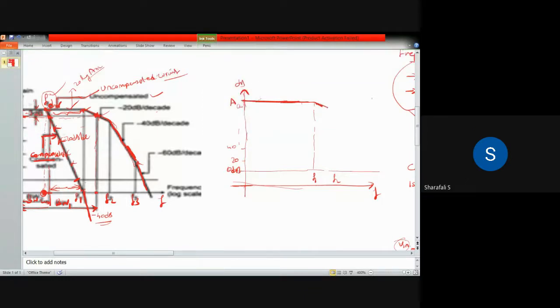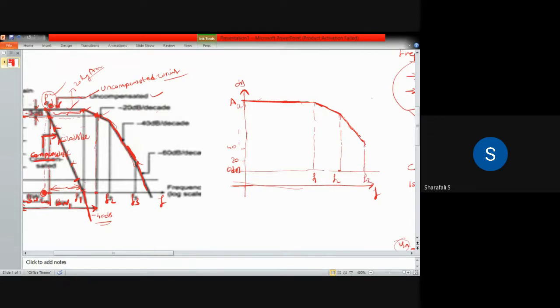So this is, let's say, just at this point. And then it starts decreasing with minus 40 dB per decade. And the third frequency is F3.